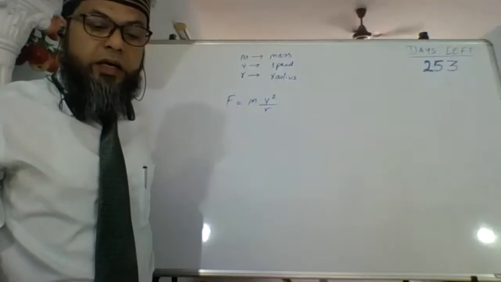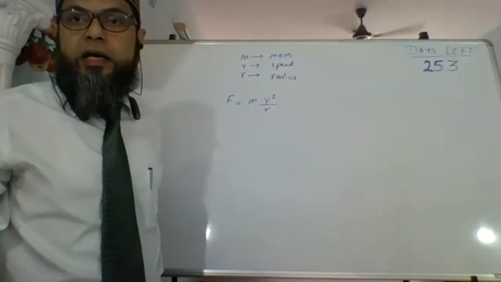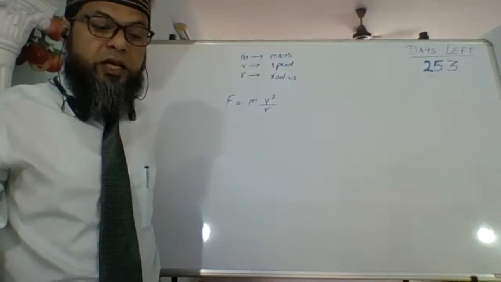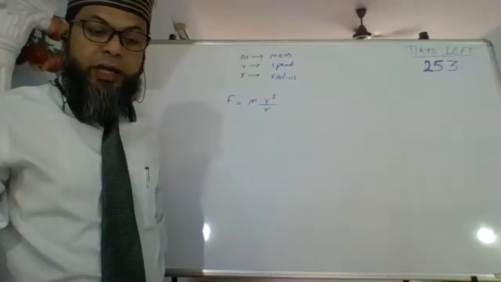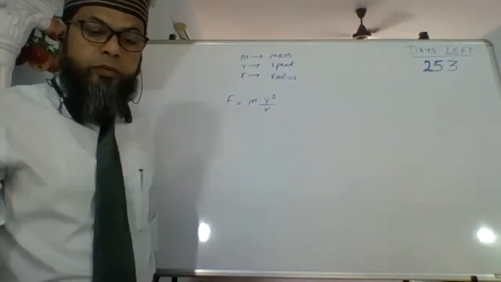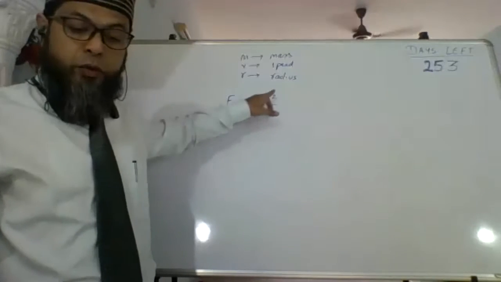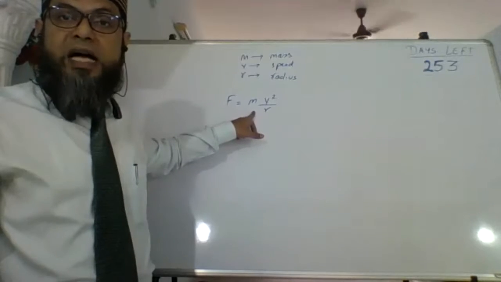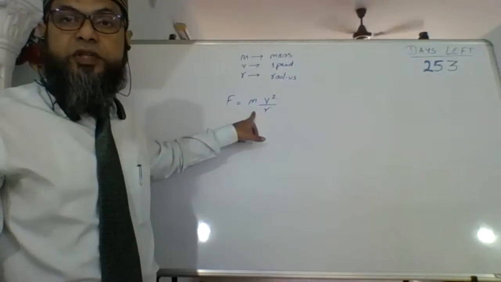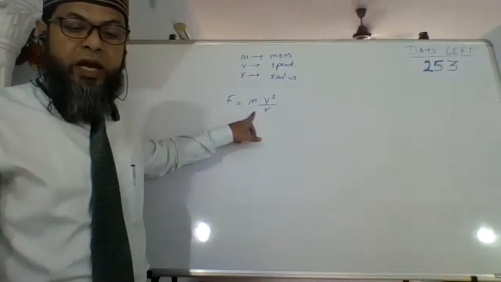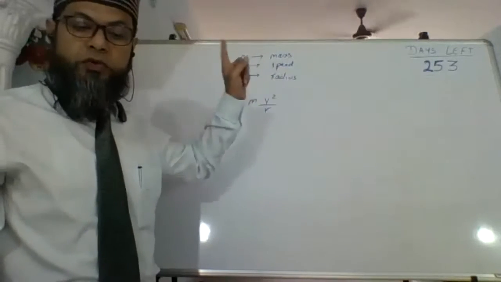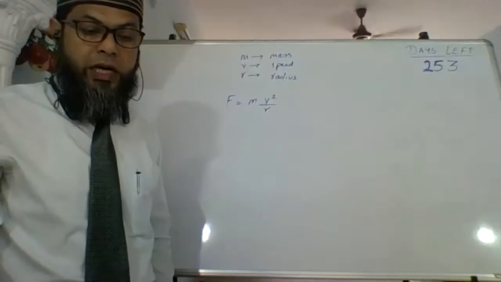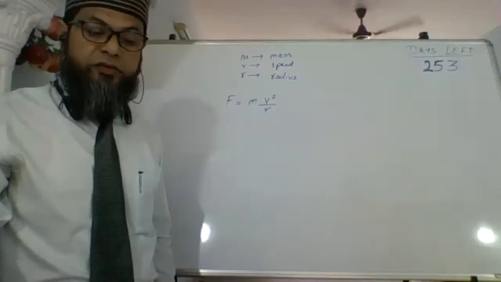If a planet is revolving around the sun in a circular orbit in uniform circular motion, then the centripetal force acting on the planet towards the sun will be F equals mv square upon r, where m stands for the mass of the planet, v is the speed with which it is moving around, and r is the distance of the planet from the sun.